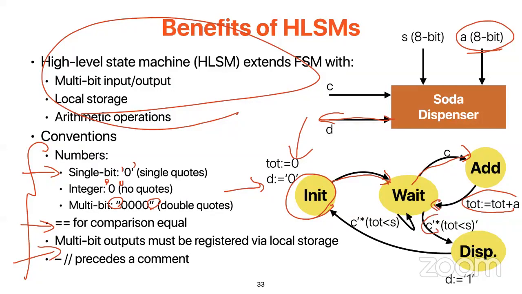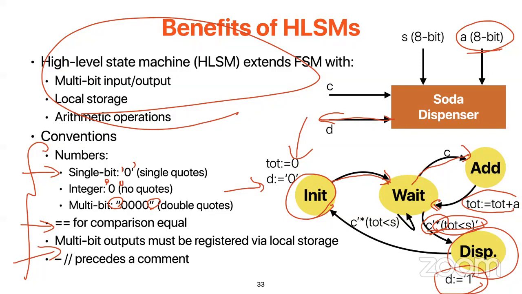And if C prime and the total is smaller than S are both not true, it means that you already have a sufficient amount of money in there, because your total is actually greater than S. So we can dispense the soda and give you what you need.